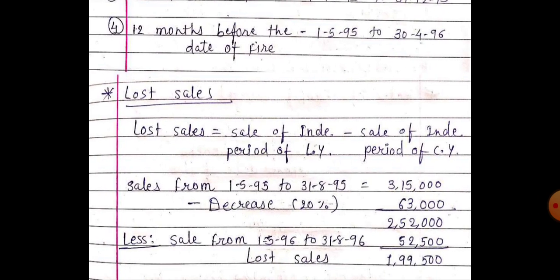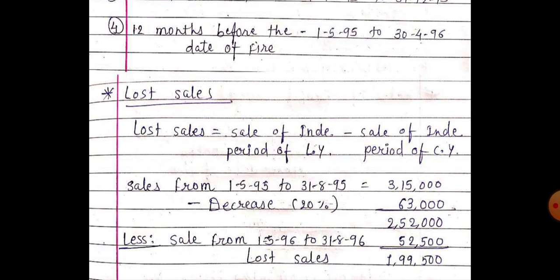We know the formula of lost sales. Lost sales is equal to sales of indemnity period of last year minus sales of indemnity period of current year. Sales of indemnity period of last year, that is 1st May 95 to 31st August 95, we are already given rupees 3,15,000, minus the decrease. We are given in the problem that the decrease in sales is 20%.